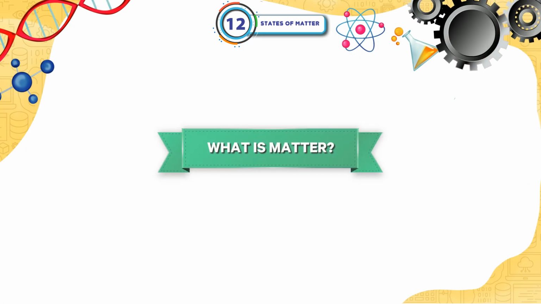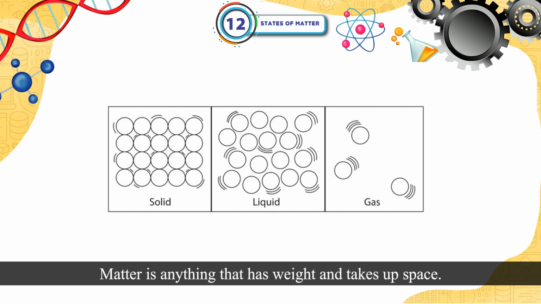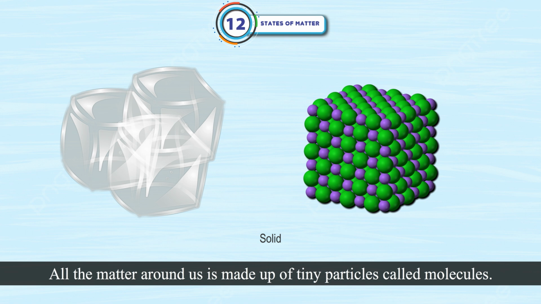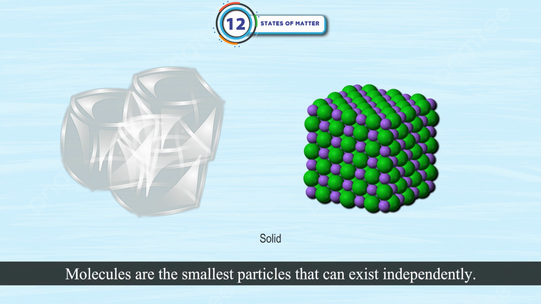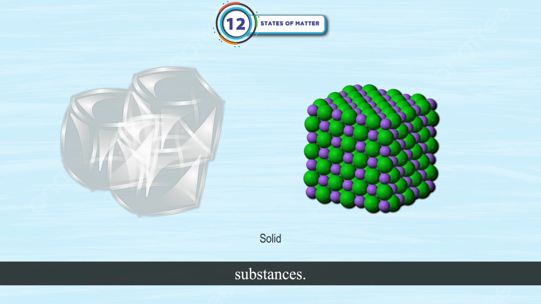What is matter? Matter is anything that has weight and takes up space. All the matter around us is made up of tiny particles called molecules. Molecules are the smallest particles that can exist independently. The molecules of a substance are different from the molecules of other substances.